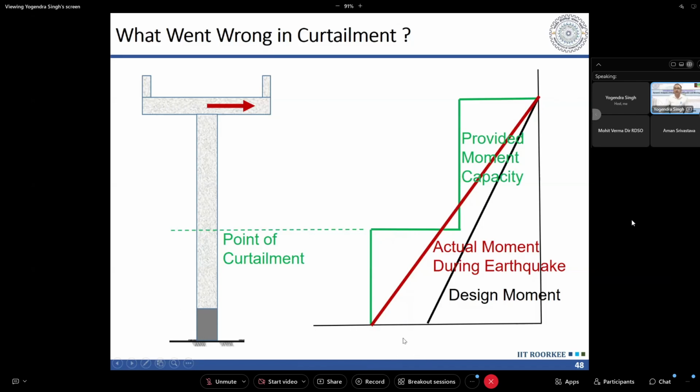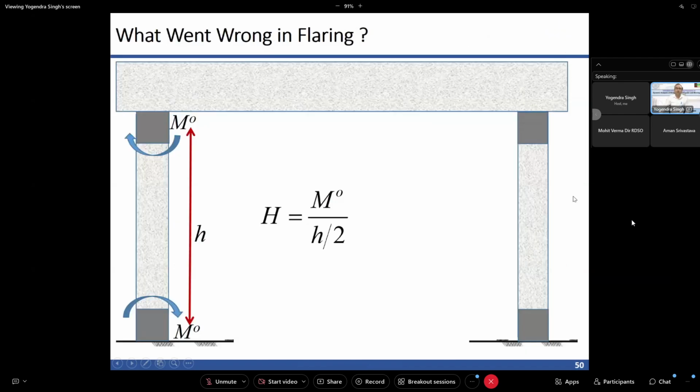You can see that in the original condition our pier was safe everywhere, even after taking curtailment into account. But in the real bending moment diagram that will occur during an earthquake, it is unsafe here, and when it is unsafe here, it will collapse in a brittle manner.